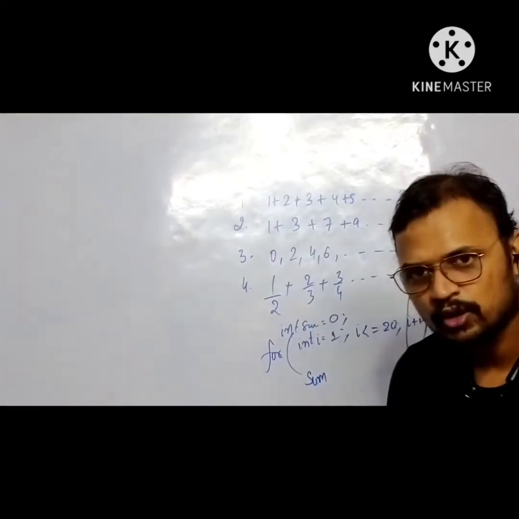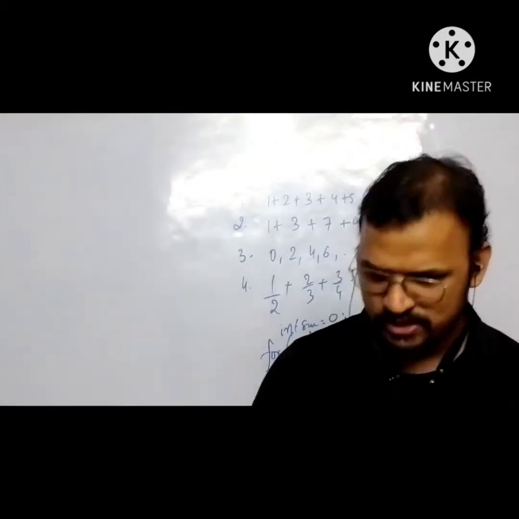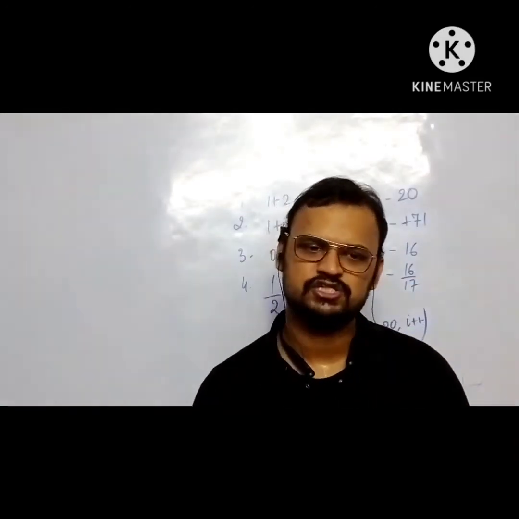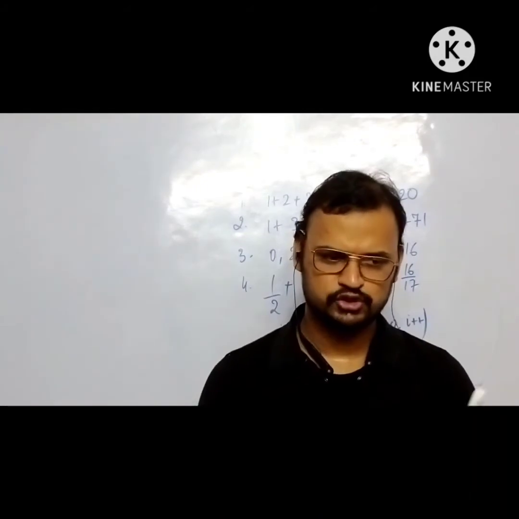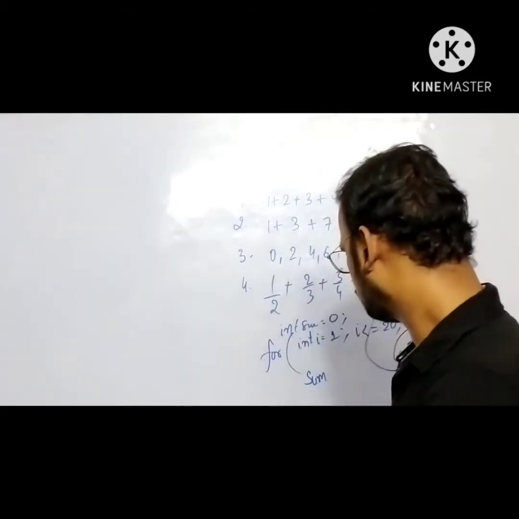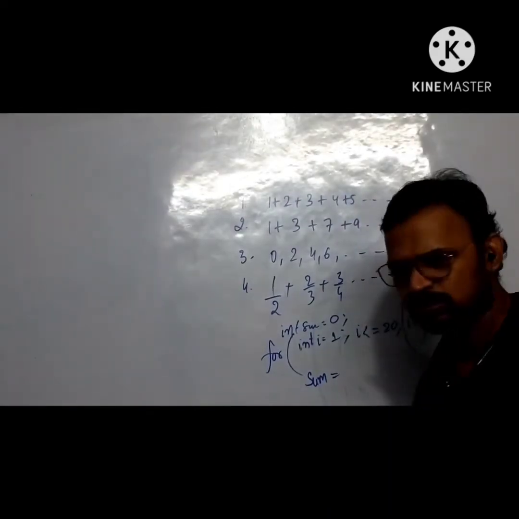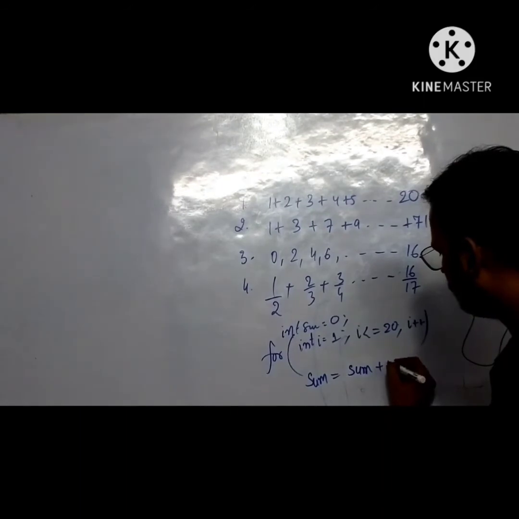Because 0 is the additive identity. Additive identity means whenever 0 is added to any number, it becomes the same number. Suppose 0 added to 6 becomes 6, 0 added to 7 is 7. That is what we actually want. Sum is equal to sum plus i.